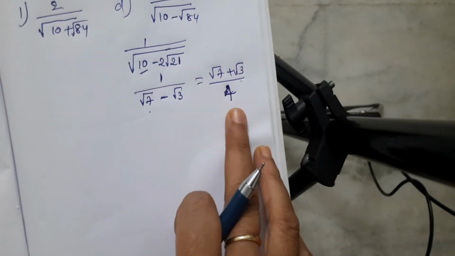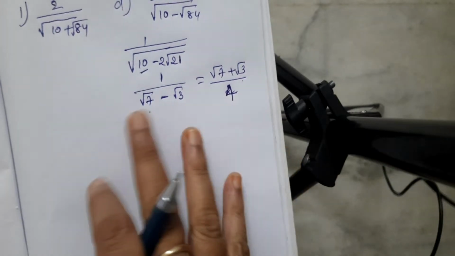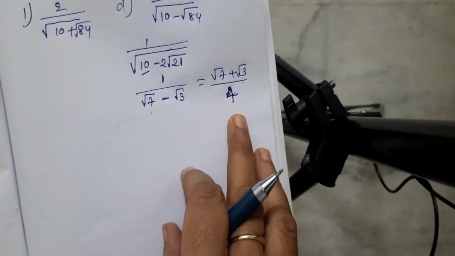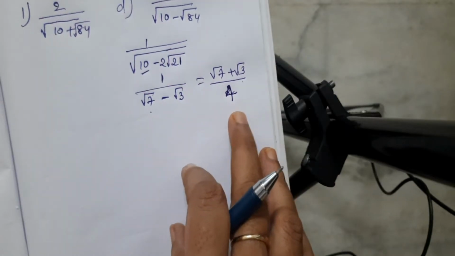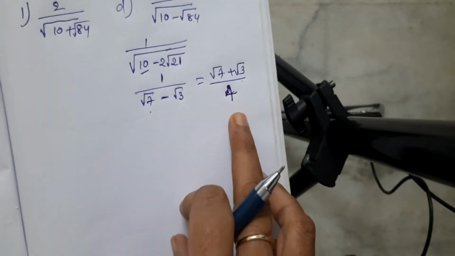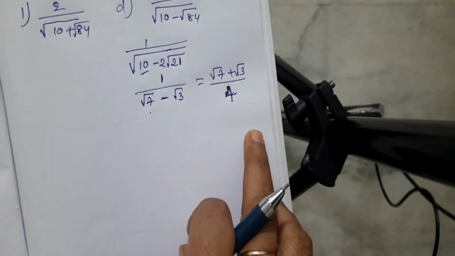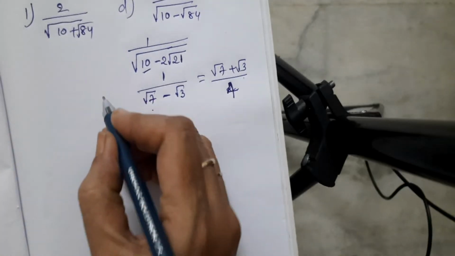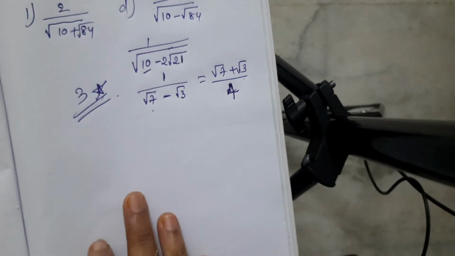So answer we are getting as 4. There 5 was there. Here 2. Answer is not matching. So you can say like we don't have any option related to that. For question number 3, options are given wrong.